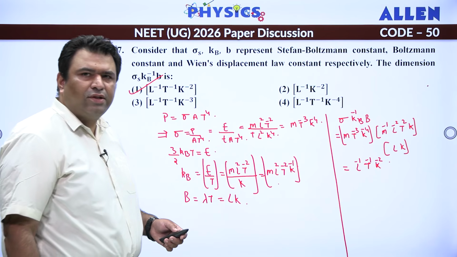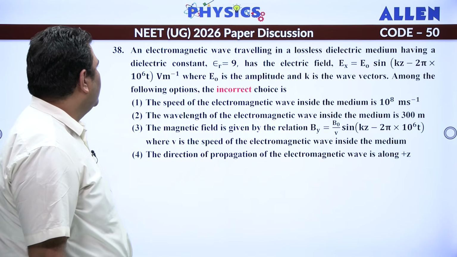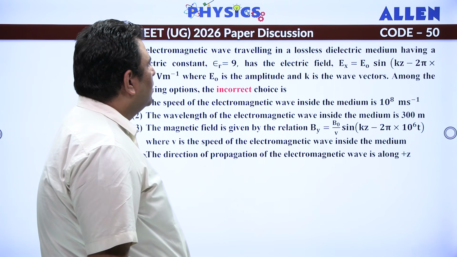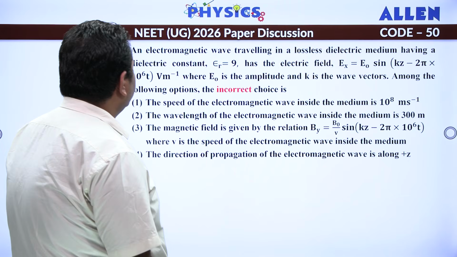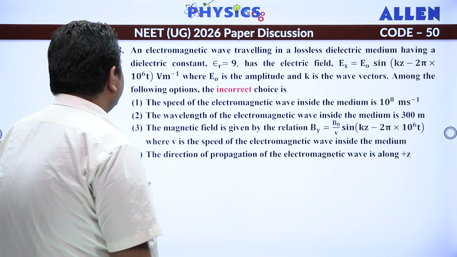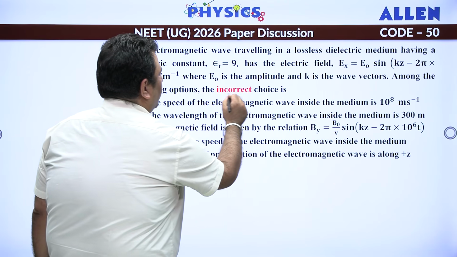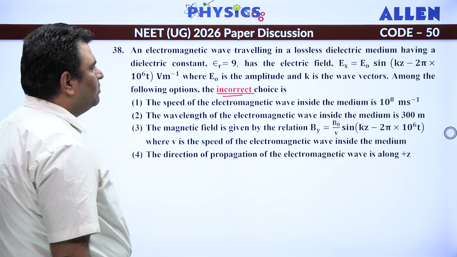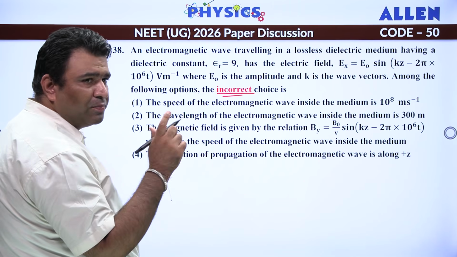Moving on to the next question after this. An electromagnetic wave traveling in a dielectric medium having a dielectric constant epsilon r equal to 9 has an electric field given as this. First of all, which is the incorrect option we have to choose? So first we have to calculate the speed in the medium.